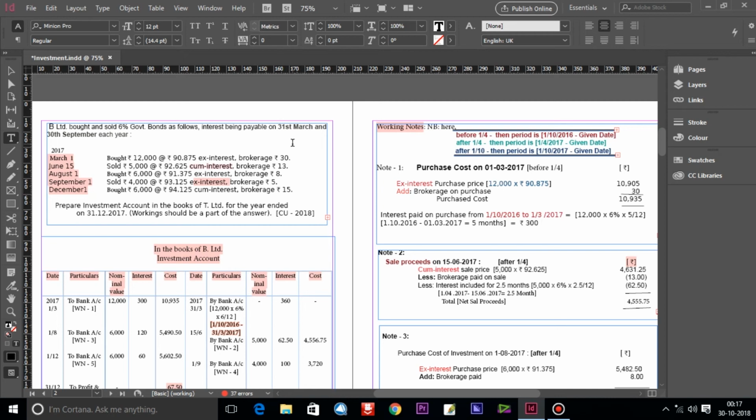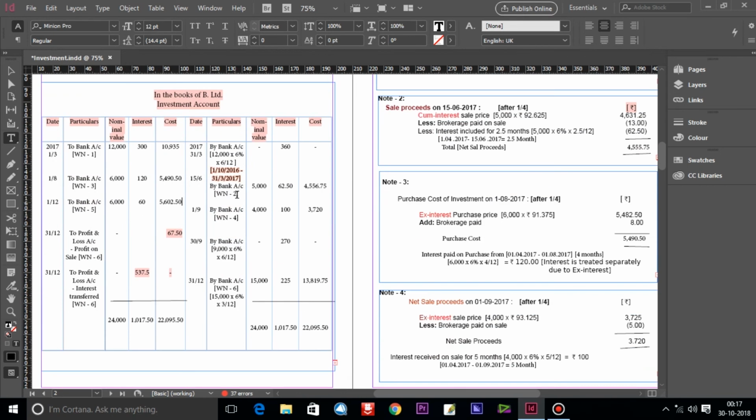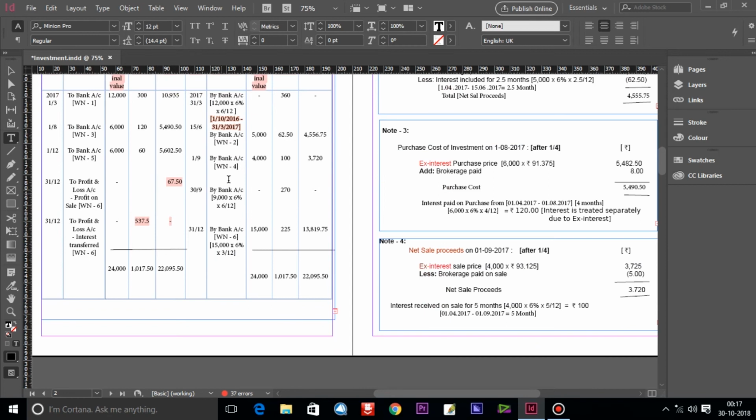Now I am to calculate interest payable on 30 September 2017. Therefore, all the transactions up to 30 September will have to be recorded, and now we are getting for purchase of bonds on 1/3/2017 12,000 and on 1/8/2017 6,000 is equal to 18,000.